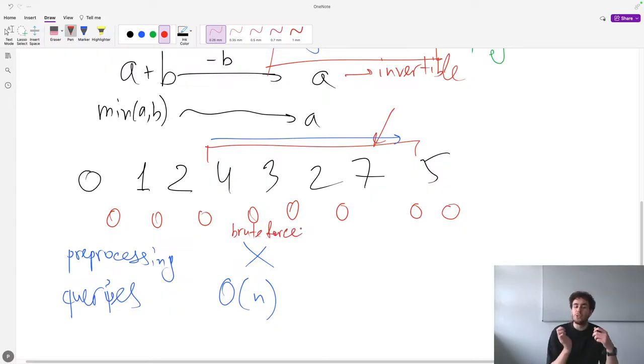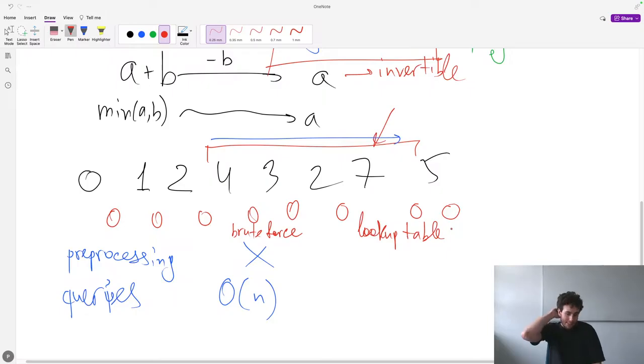There is another extreme. So in this case, I'm not preprocessing anything, and then I can spend O of n time per query. This is of course not great, because if I have n queries, this will be n times n, quadratic time. That's a lot. But there is another extreme, where I can preprocess everything, precompute everything. And this is something that we'll call lookup table.